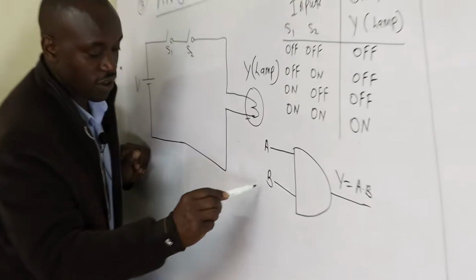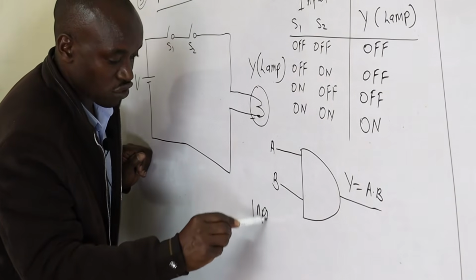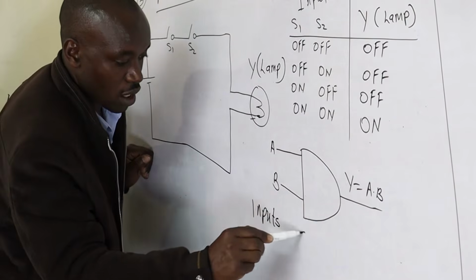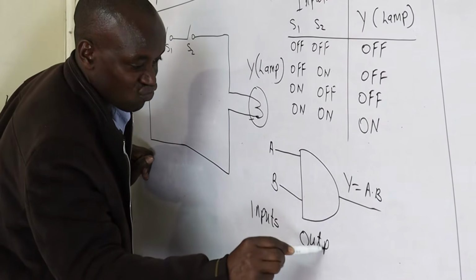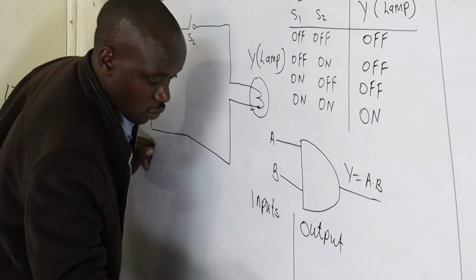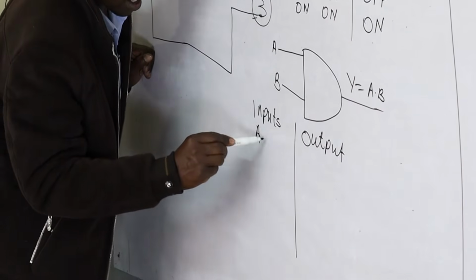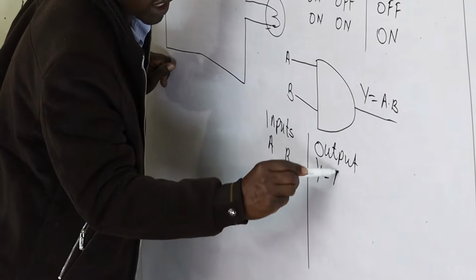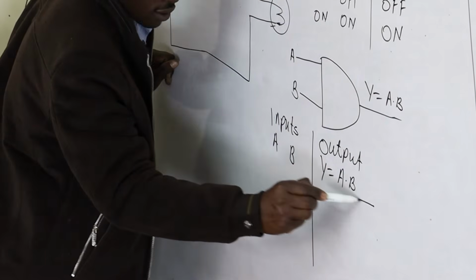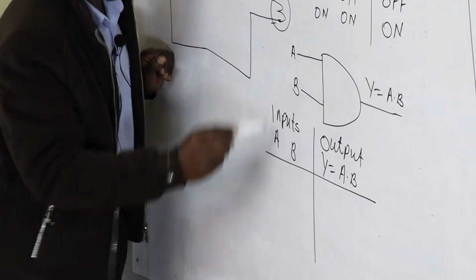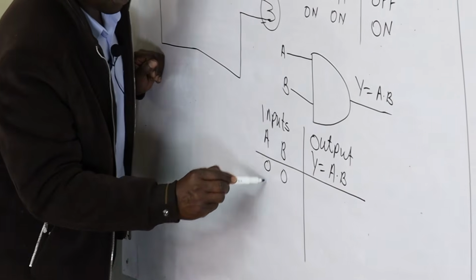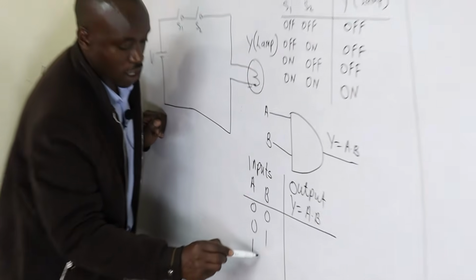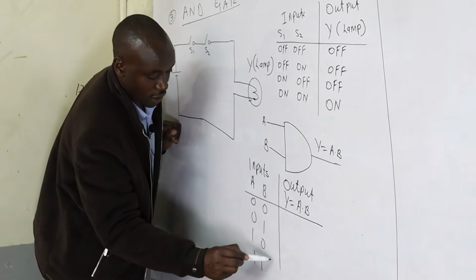Now in the truth table, you can have a truth table of this gate. We have the inputs and then the output. Let us see what happens. A, B, then Y equal to A dot B. Our inputs are 0 0, 0 1, 1 0, 1 1.